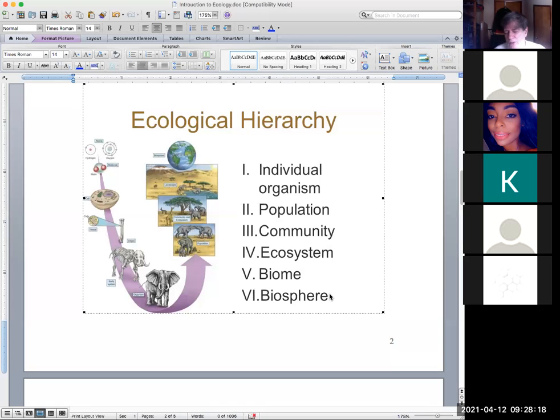So one of the things we see as we look at higher and higher levels of ecology, and the biosphere is a higher level than the biome, when we look at the biosphere, we can see things that we can't see by looking at one single biome.